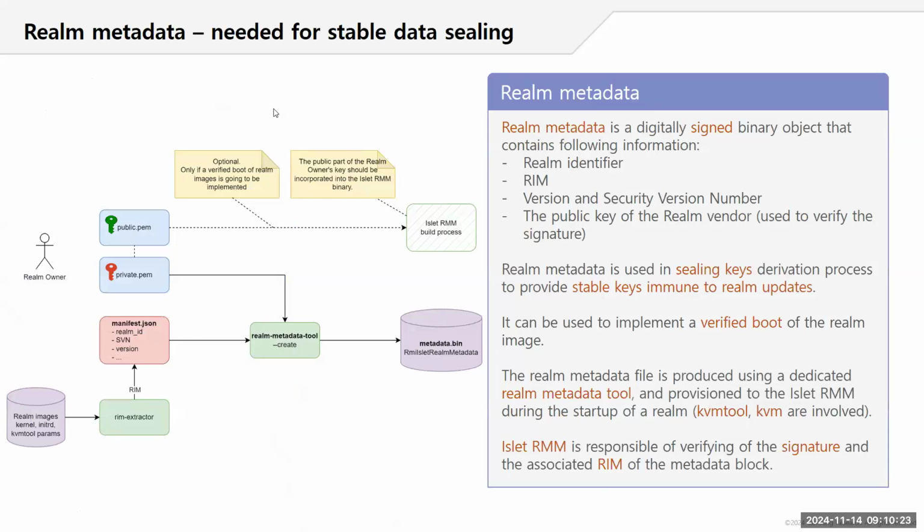Currently, it is used in the sealing key derivation process to produce stable keys that are immune to realm updates. And the realm metadata can also be used to implement a verified boot process of a realm image. This functionality might be important on mobile platforms where we want to have greater control on what is actually launched as a base realm image.